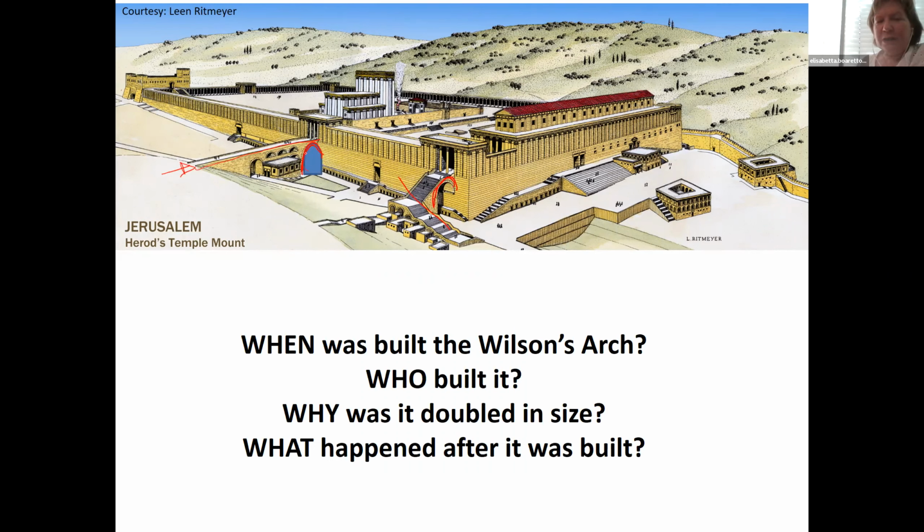But there was a discussion among the archaeologists about who actually built the Wilson Arch, and who doubled its size, because the width of the arch has been enlarged from its original size. And what happened under the Wilson Arch after it was constructed?